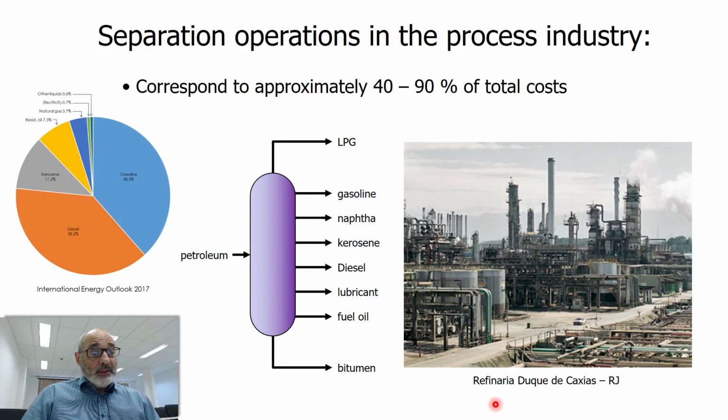Separation is one of the most important processes in industry. Roughly speaking, it corresponds to 40 to 90% of total costs.